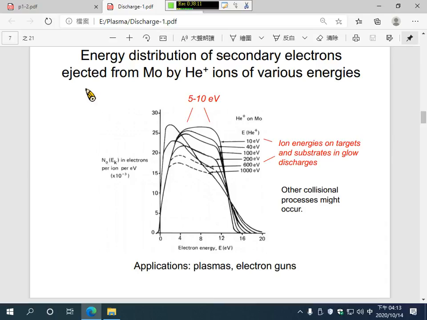So you can find out these secondary electrons have energy in the range from around 5 to 10 electron volts. And this is a typical energy distribution of a secondary electron.